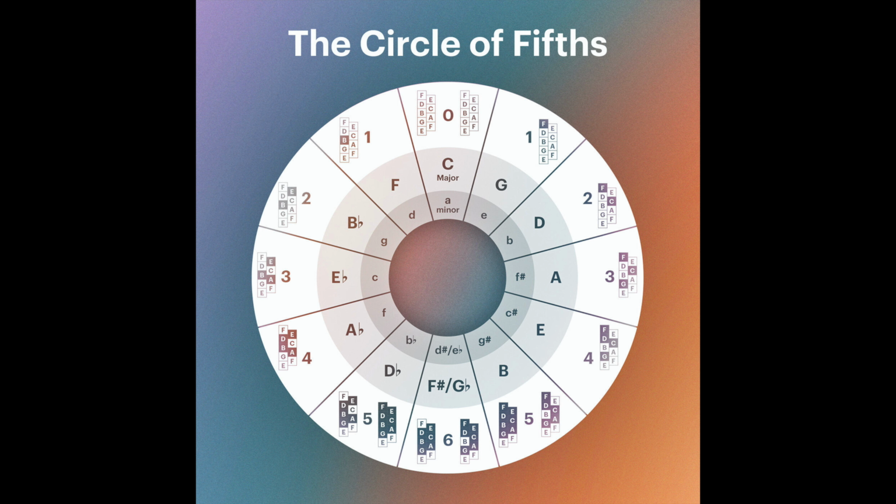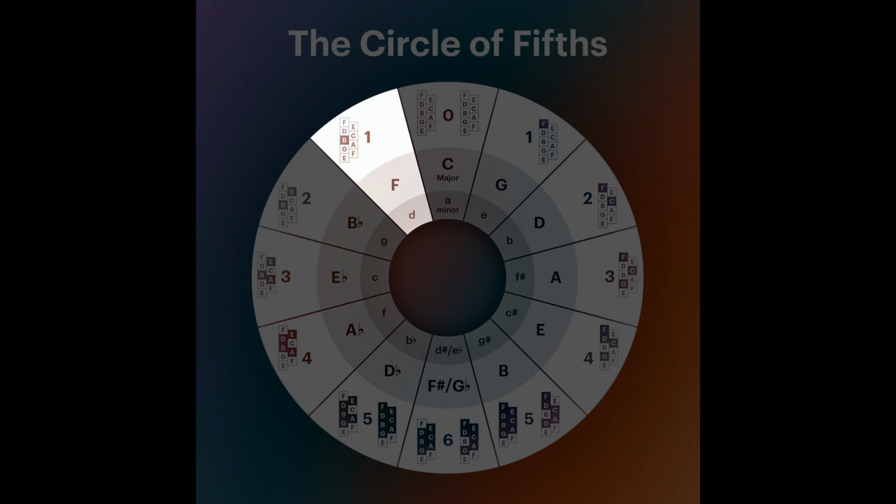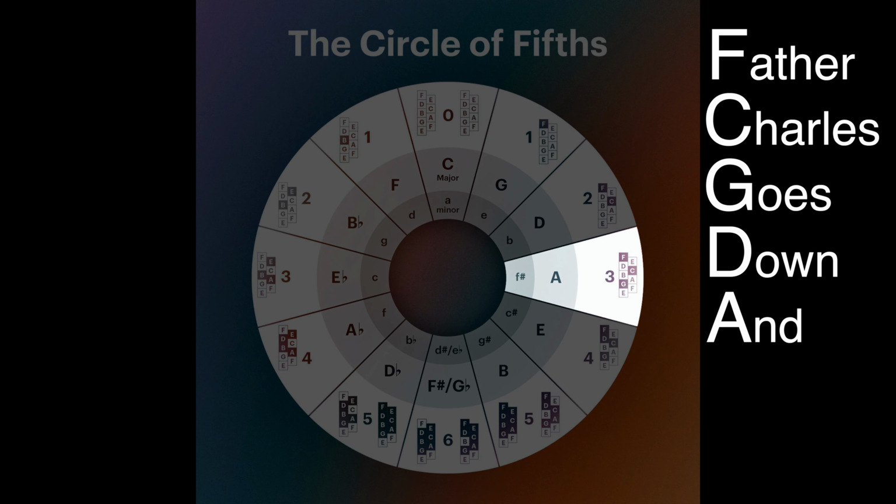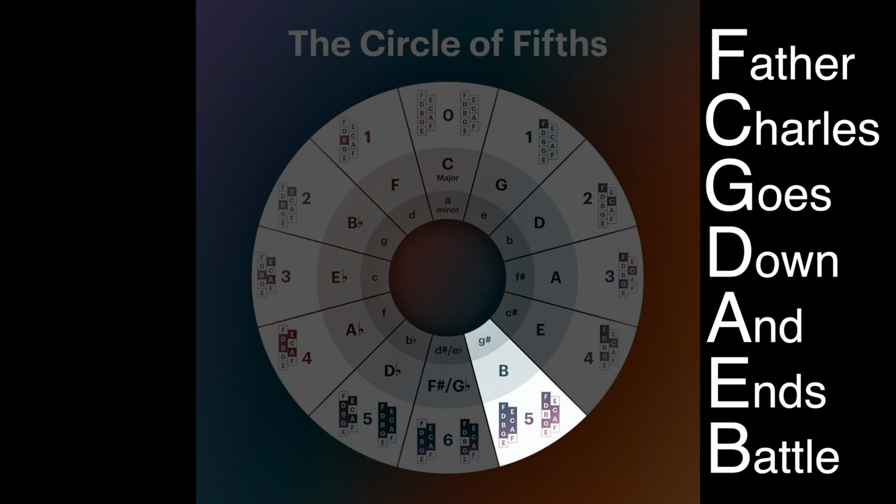Now, you may be a bit interested in the layout of the actual keys themselves because they don't seem to follow in the same order as the musical alphabet. And the way to remember this, or at least the way I remember this, is through a saying that starts on this F here on the left to the C major, and it goes, Father Charles goes down and ends battle.